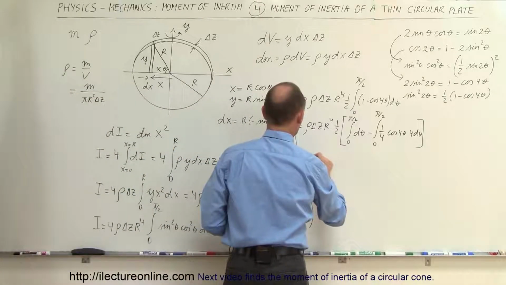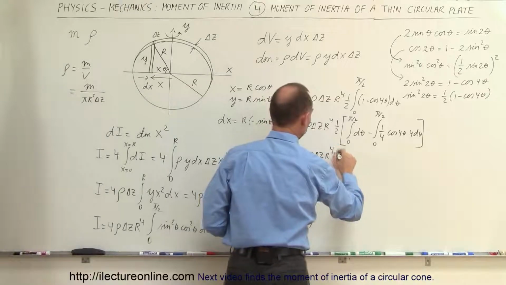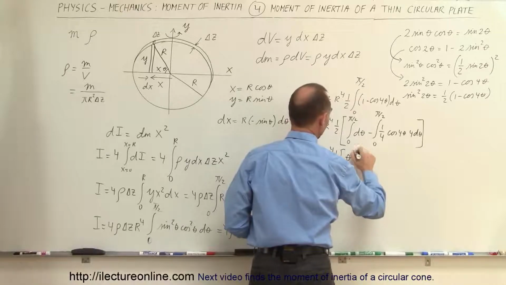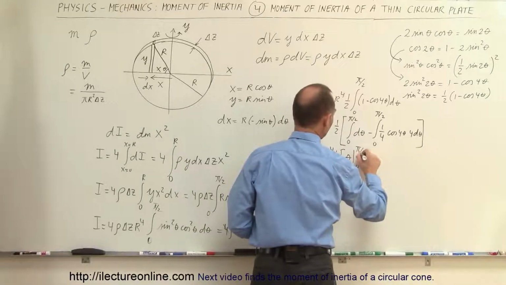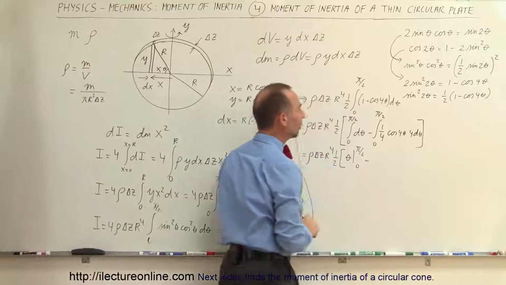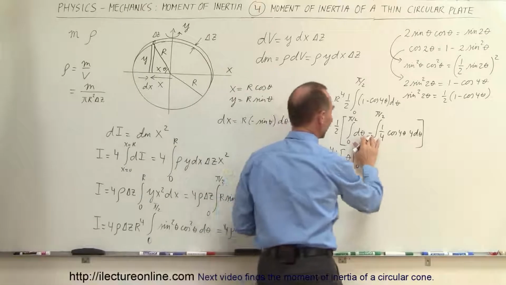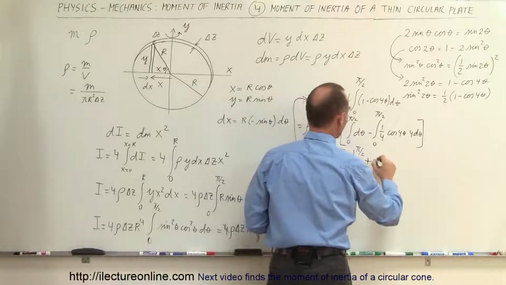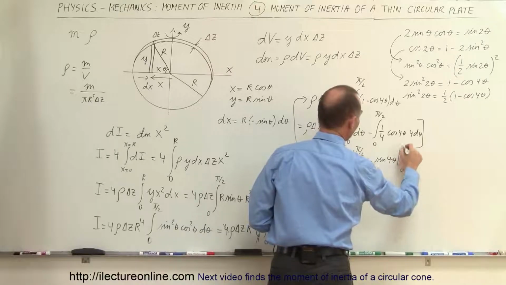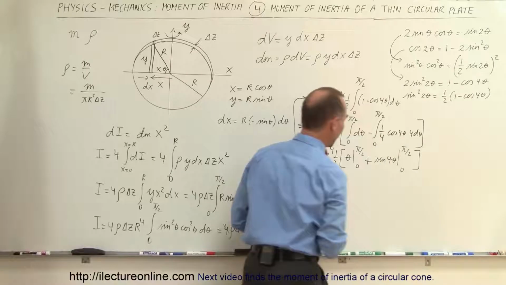This is equal to the density times delta z times r to the fourth power times 1/2 times, this is theta, evaluated from 0 to pi over 2, and that's an easy evaluation, minus, okay, so the integral of the cosine is the sine. Well, the negative times the negative makes this a positive, so this would be the sine of 4 theta, evaluated from 0 to pi over 2. And close bracket.